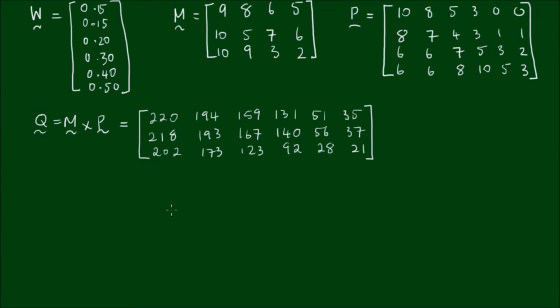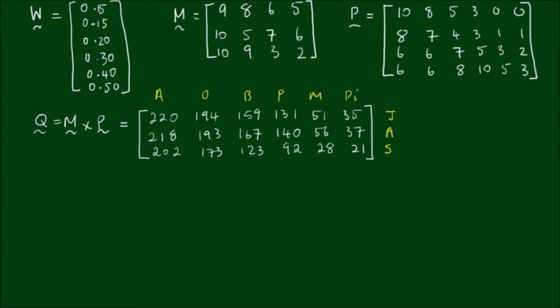Okay, so just to recap, in the Q matrix, the columns represent the items of fruit. So we have apples, oranges, bananas, peaches, mangoes, and pineapples. And the rows are the months, so we have July, August, and September.